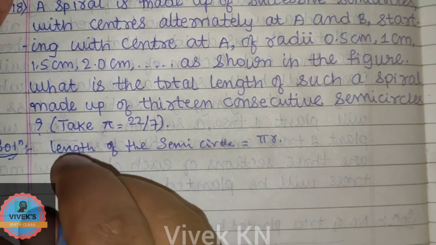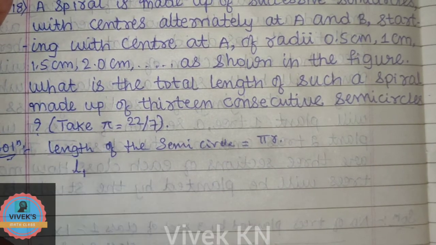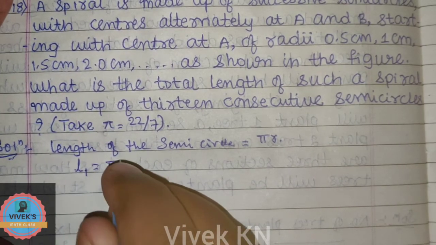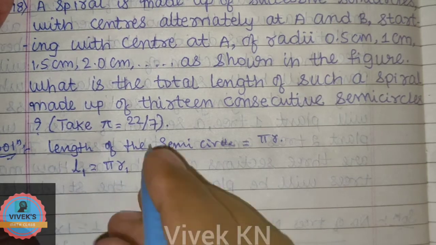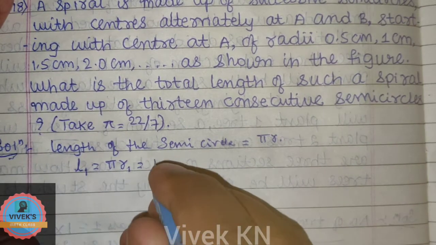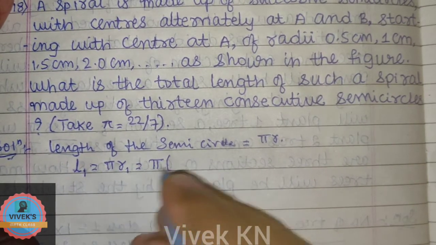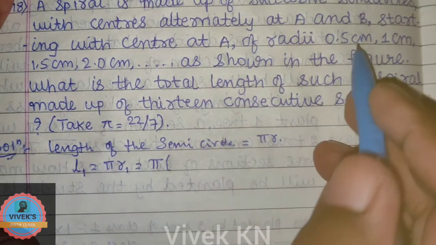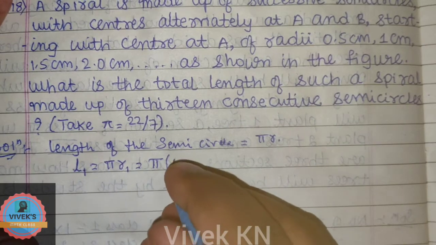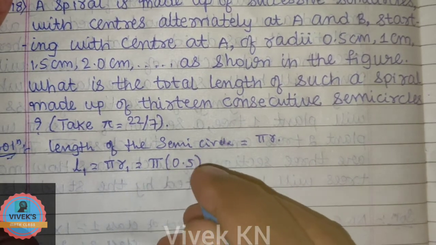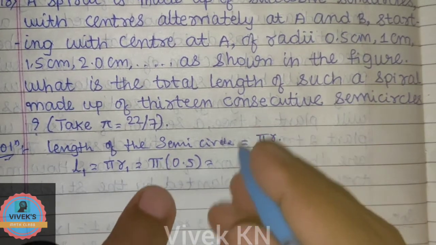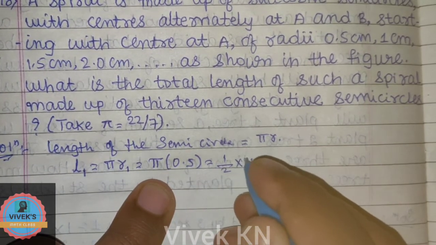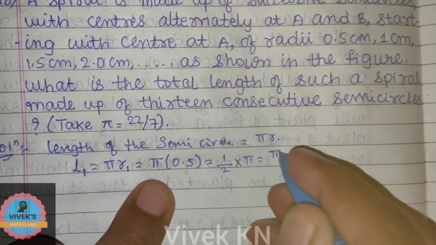So now length of the first semicircle is given by pi into r1, that is pi into radius of the first semicircle, which is 0.5 centimeter. 0.5 can also be written as 1 by 2 into pi, that is equal to pi by 2.